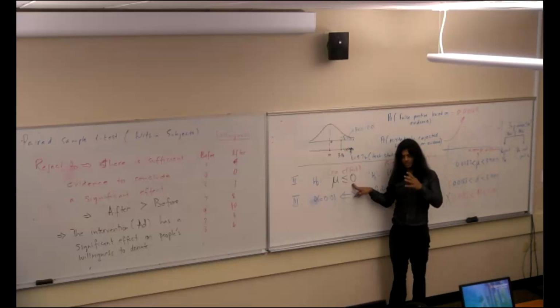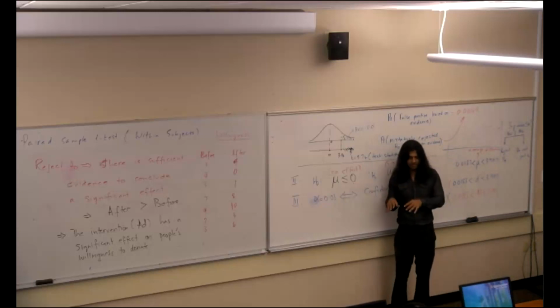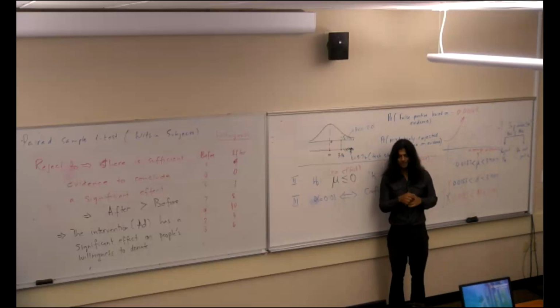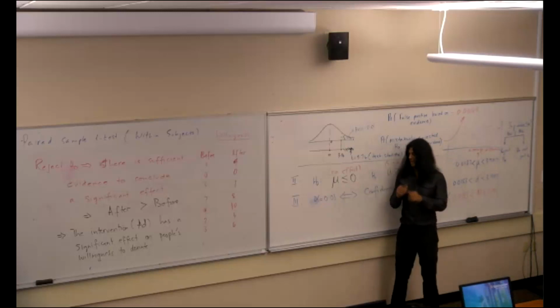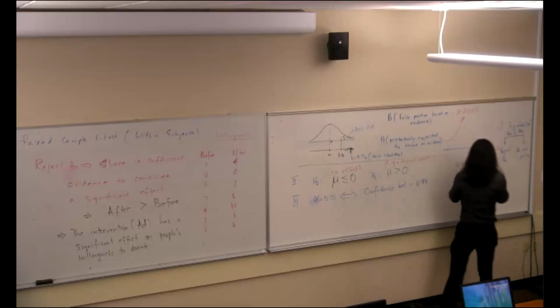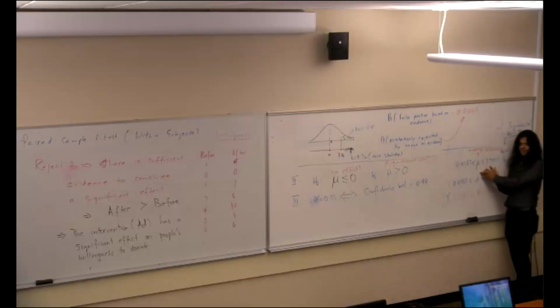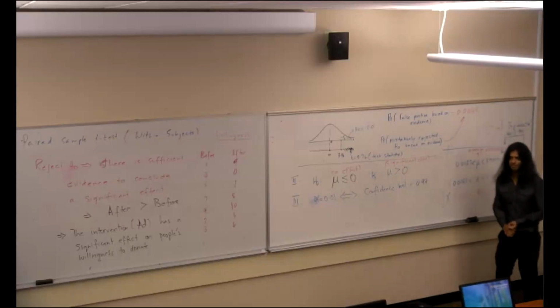Good. So we have placed 99% confidence on this data. Based on that, ask yourself this: could mu equal 0? If this is the interval, and you are 99% confident that this is the interval based on the data, could mu equal 0?